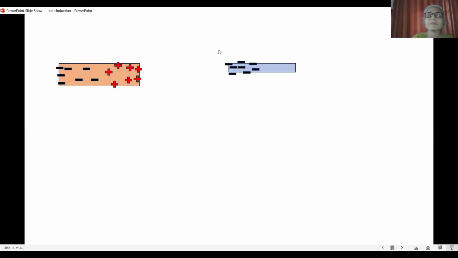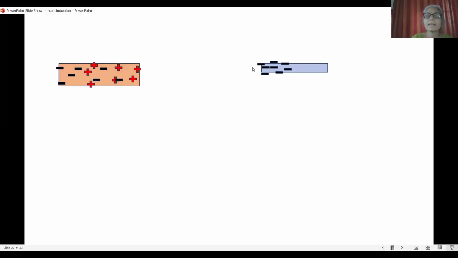When the external charge comes quite close, all the positive charges are towards the external charge, and negative charges are away from it. This is how the metal object becomes charged. And as the external charge goes away, these positive and negative charges mix up again, and the object becomes uncharged.